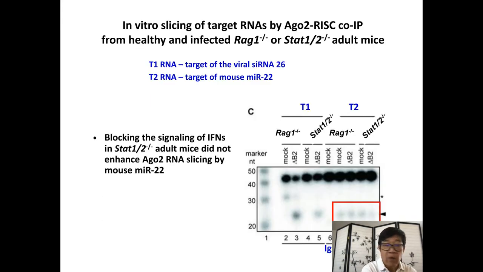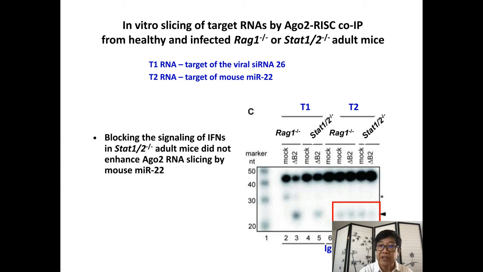Then we compared Argonaute AGO2 RNA slicing guided by viral siRNA or microRNA from RAG1 or STAT1, STAT2 knockout mice.